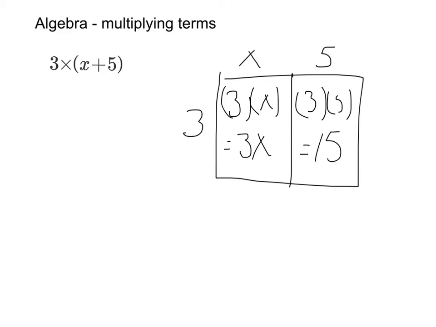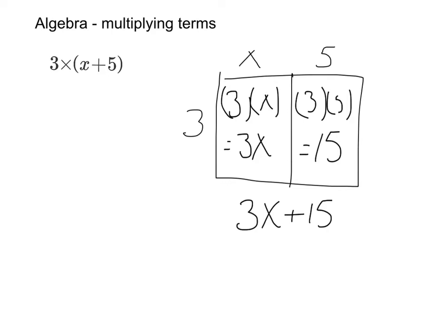So we can add them together, and it's 3x plus 15. Remember, we can only add like terms, so this is an x term and this doesn't have any variables, so we can't add them together directly. We can't just arrive at 18, so it's just 3x plus 15 is the answer.